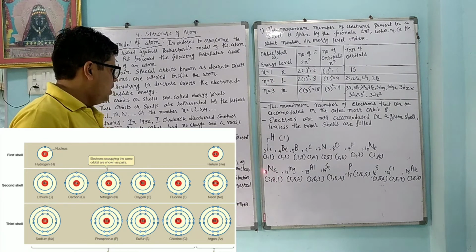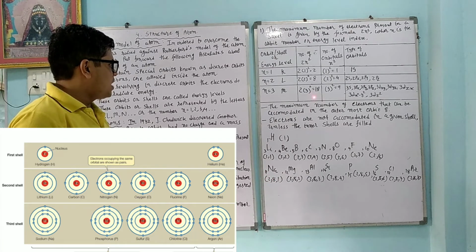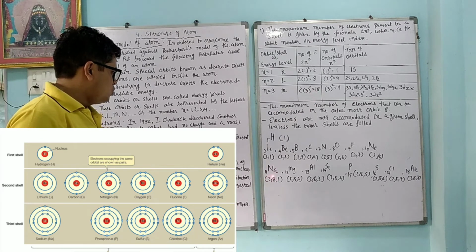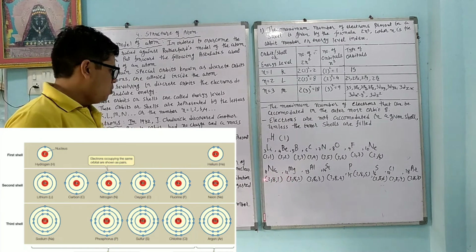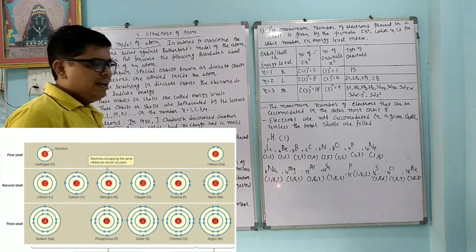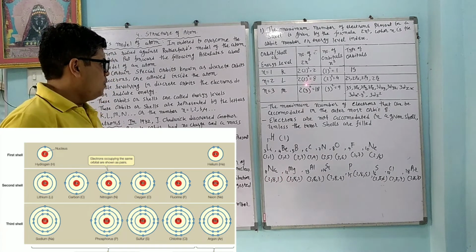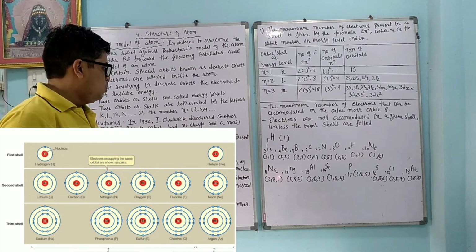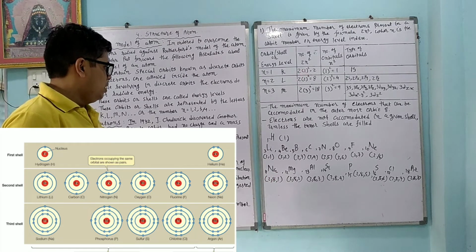Now we have to arrange 11 electrons, but we have already filled 2 and 8. The third orbit has a capacity of how many electrons? 18 electrons. So electrons now enter the third orbit, and we write 2, 8, 1. We do not write 2 and 9, because the second orbit has a capacity of 8 electrons. Nor can we write 3 and 8, because the first orbit has a capacity of 2 electrons.